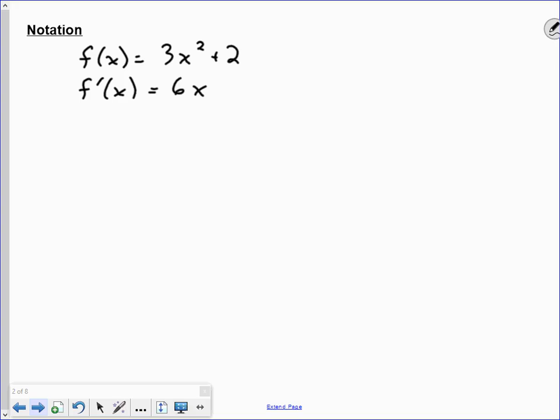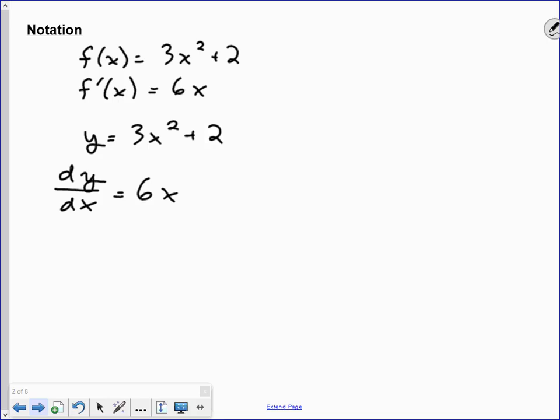If we define our function as y equals 3x squared plus 2x, the derivative is indicated as dy/dx is 6x.